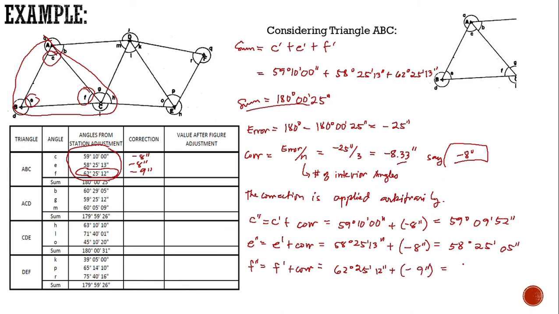So our new F prime is equal to 62 degrees, 25 minutes and 3 seconds. So that is our F double prime. The summation of these angles is equal to 180 degrees.